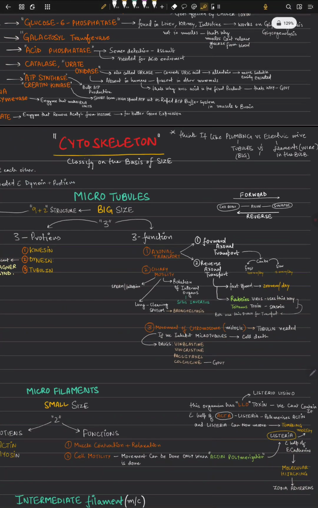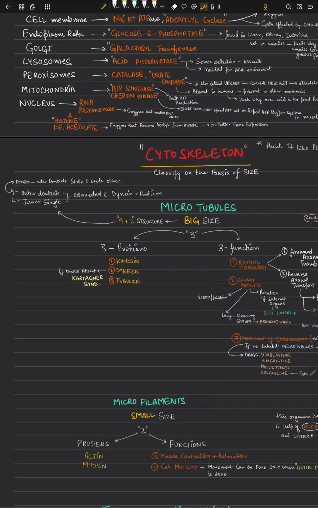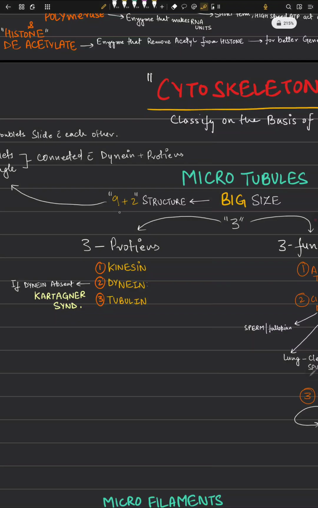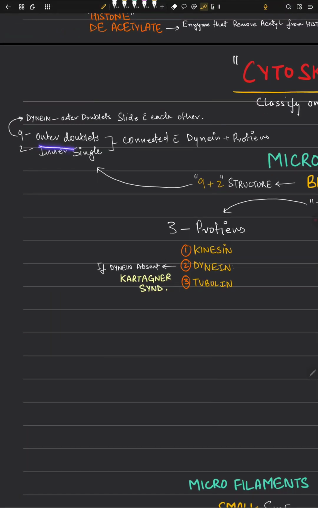Okay, let's classify cytoskeleton on the basis of their sizes. Microtubules, big in size. Of course, what's their structure? Their structure is 9 plus 2. What is 9? What is 2? 9 is the outer doublet. What is doublet? In pair.